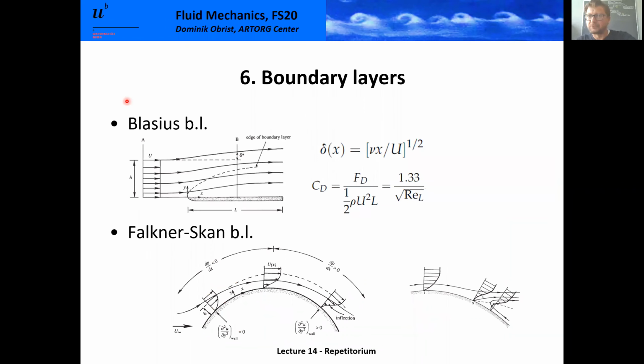Here, boundary layers. And if we start talking about boundary layers, we quickly found that there's many, many boundary layers, and there's not a single boundary layer that explains it all. But we looked at one in particular, and it was the Blasius boundary layer, which is maybe the mother of all boundary layers.